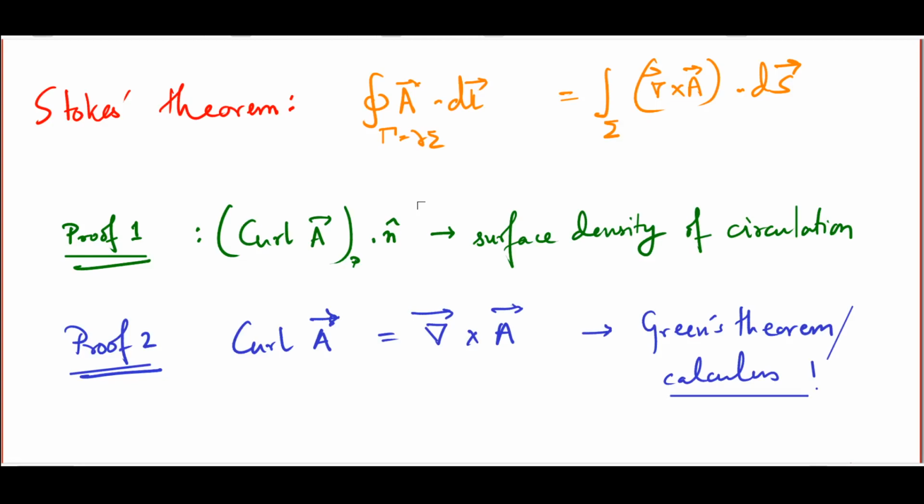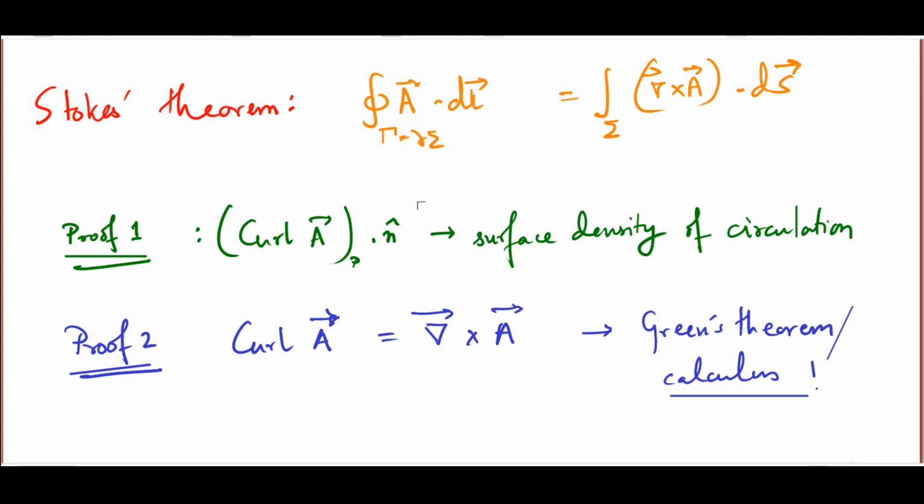This proof essentially hinges on the fact that curl of A has an expression which in Cartesian coordinates at least looks like del cross A, and then it goes on to use standard calculus via some results which may not be familiar to you right now. Results like Green's theorem in a plane and so on. We are going to talk about this second proof in our next lecture.